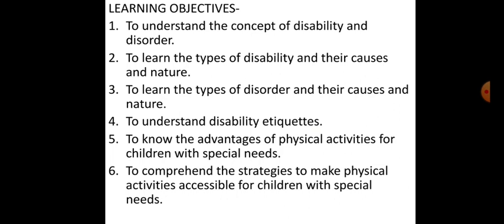Fourth, to understand disability equity. Fifth, to know the advantages of physical activities for children with special needs. And sixth, to comprehend the strategies to make physical activities accessible for children with special needs. So, these are the objectives we have to discuss in this chapter.